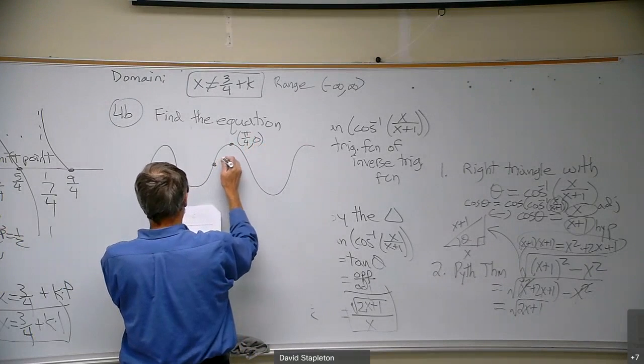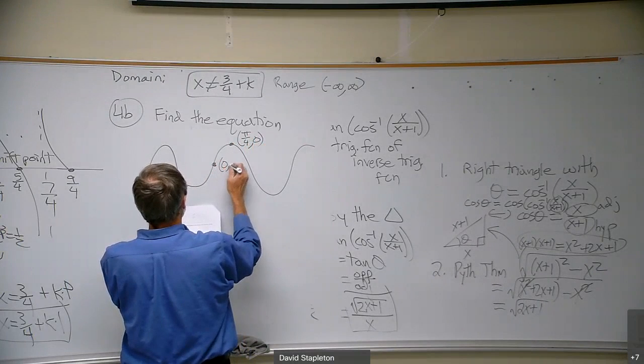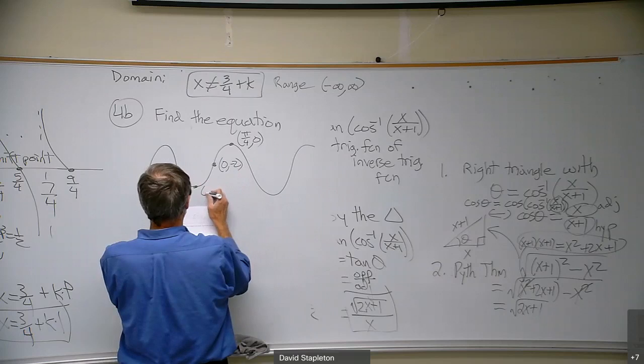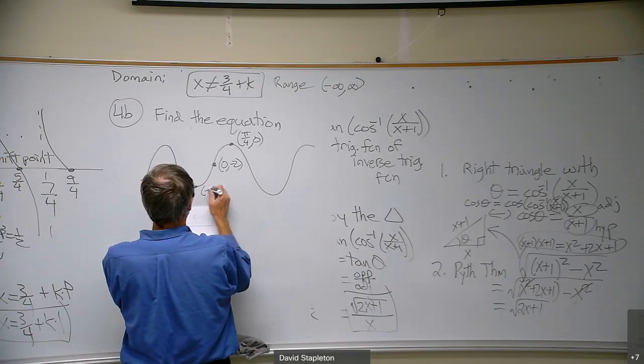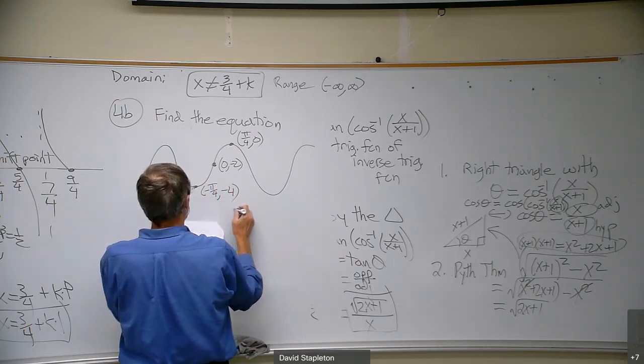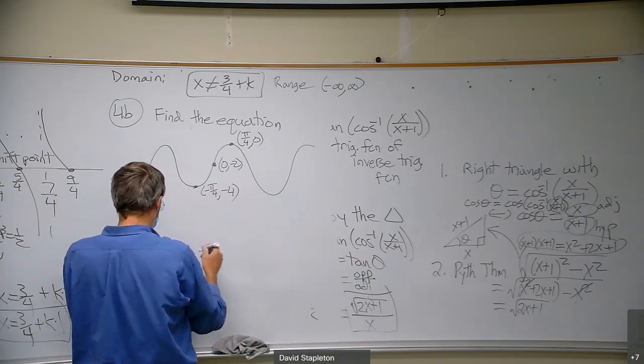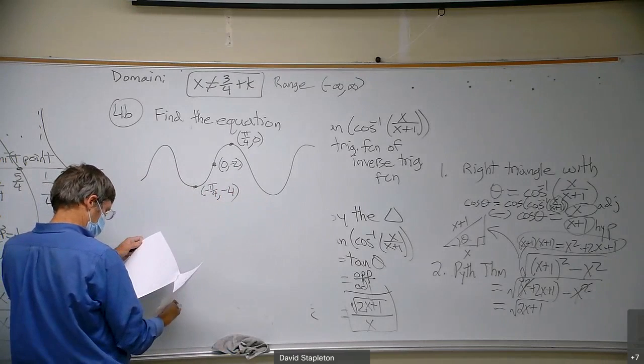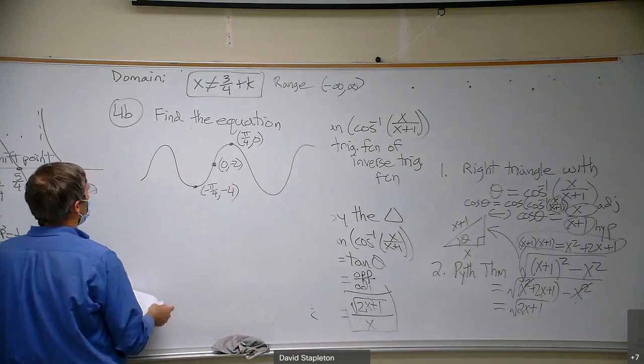Here's another point in the middle, 0, -2. And here's another point, -pi over 4, -4. And I say this is a sine wave. Find the equation.